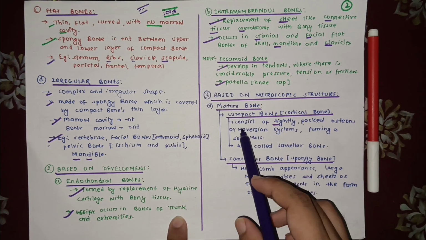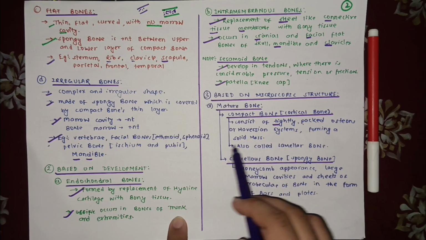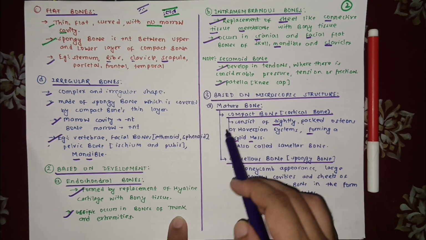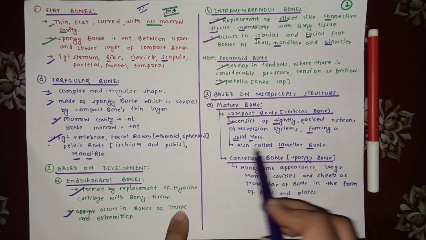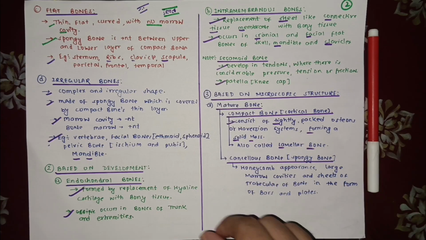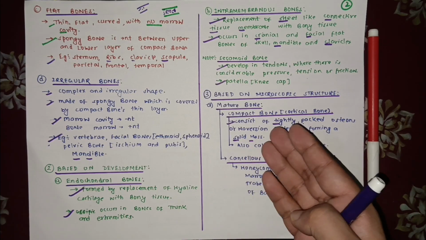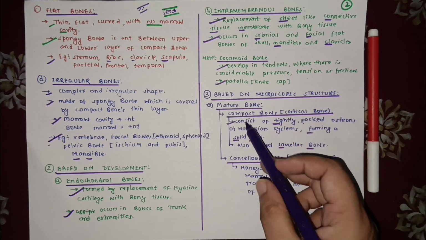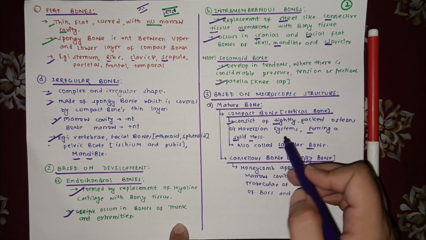It consists of tightly packed osteons forming a solid mass, and it is also called lamellar bone. Compact bone forms the periphery of the diaphysis. Most of the bones' periphery is formed by compact bone, and they have more developed and packed osteons or Haversian systems.